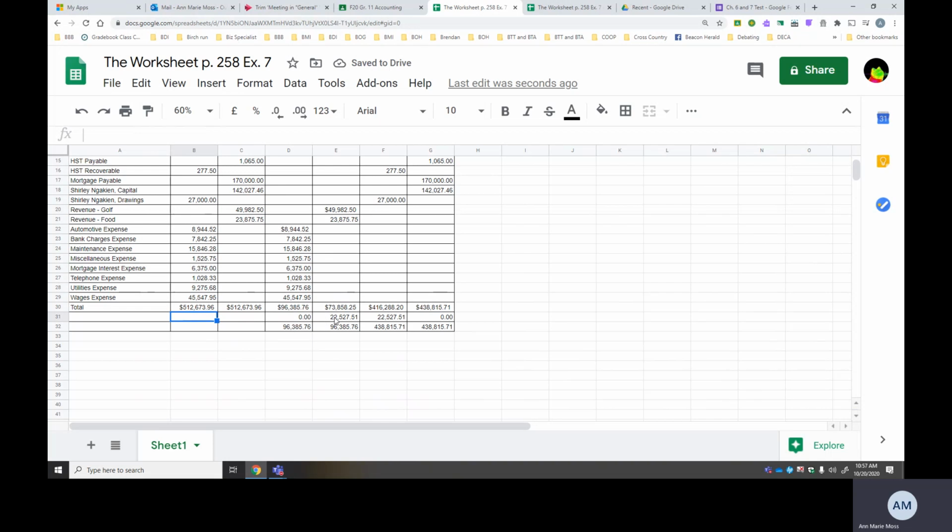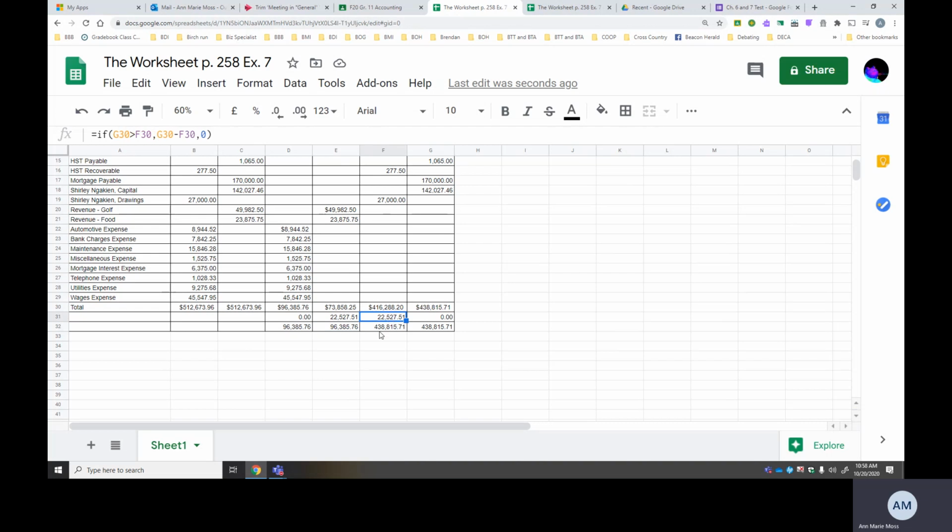Now notice what happened over here. Now our revenue is lower than our expenses. And so because our formulas were correct, our if statements were correct in here, it then shows us our loss in this cell. And then when we add these two together, both of these final figures are the same. And that happens over here as well. The loss is reflected in here.